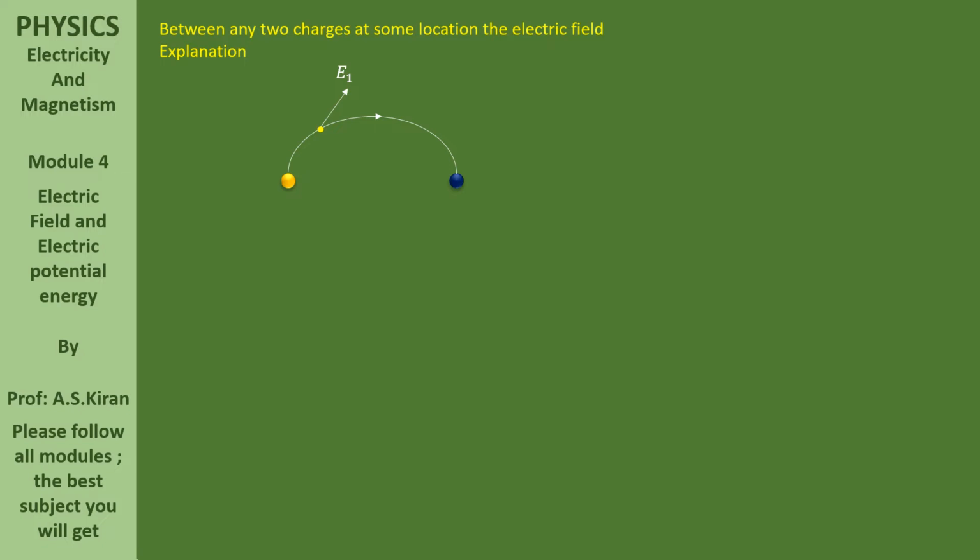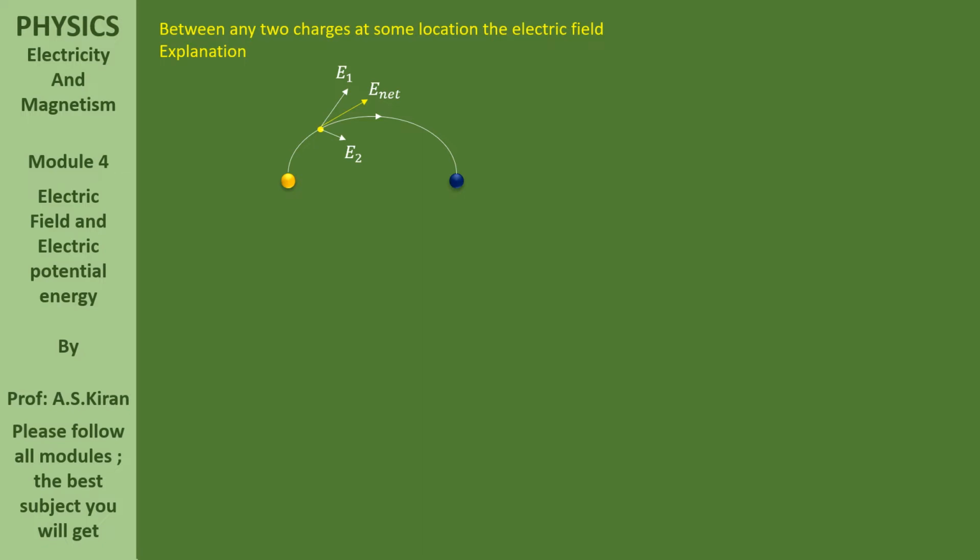Hope you remember that. Similarly, with respect to that negative charge, there is one more electric field, that is E2. But it is directed towards the negative charge. Electric field because of negative charge is towards the negative charge.